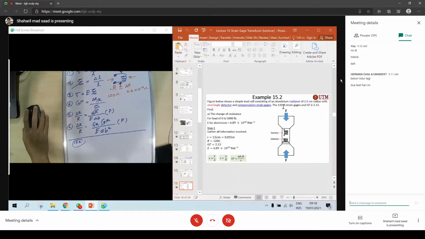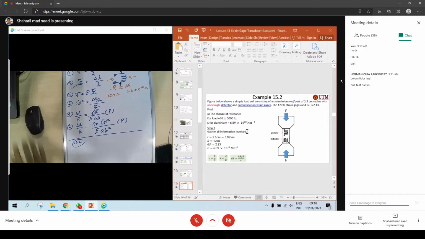The 120 ohm strain gauge has a gauge factor of 2.13. So you got a simple aluminum rod, and then you apply some force, equal to a load of 5,000 lb. The Young's modulus for this rod is 6.89 times 10 to the power of 10.